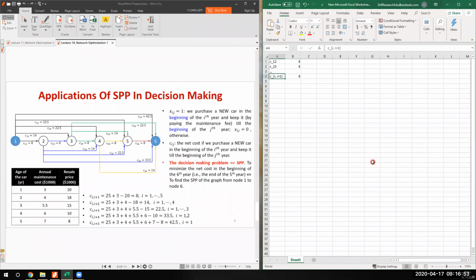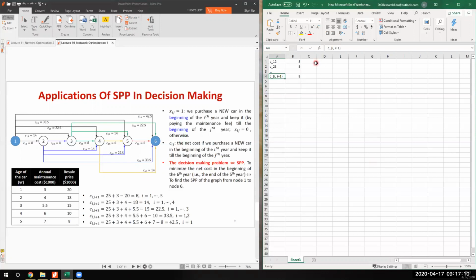So no matter what i is, from 1 to 5, Ci,i+1 must be equal to 8. Clear? Any questions here? Simply because here it means the age of the car.